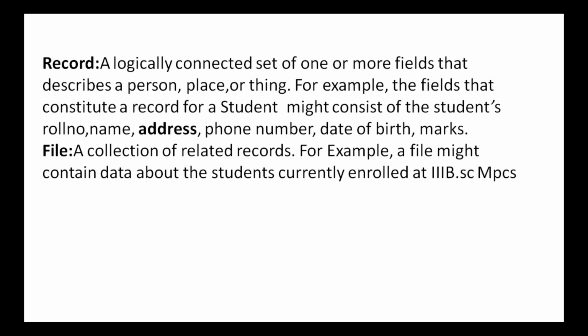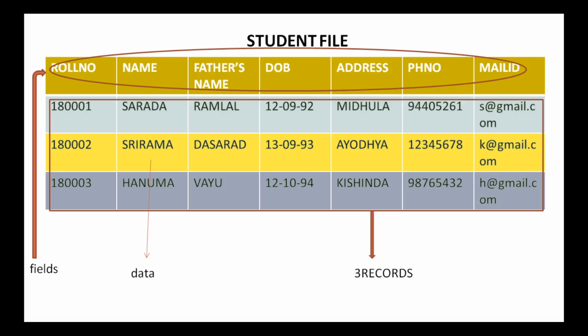To understand what I am saying here, just go through this diagram. It's a student file. It contains some fields like roll number, name, father's name, DOB, address, phone number, mail ID. In a file based system, the data is maintained in the form of rows and columns.